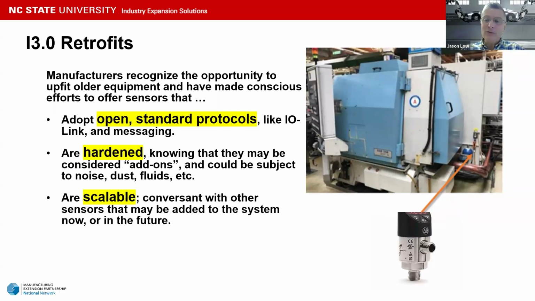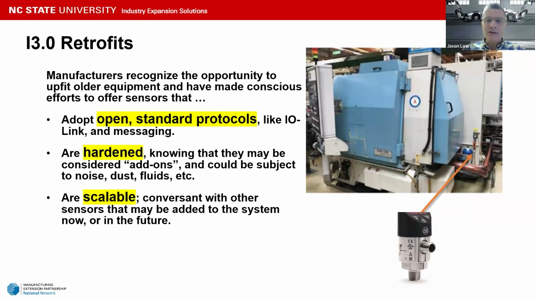And being able to draw out some of that data that we need out of these processes to make those decisions is really what brings us here. So we want to leverage this technology using open standards and being able to retrofit things.